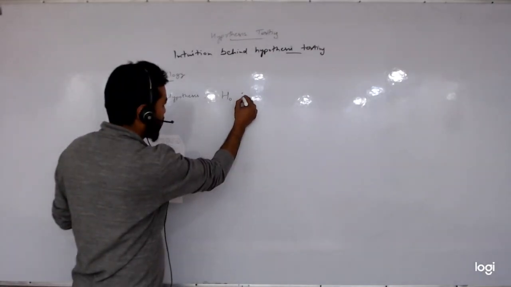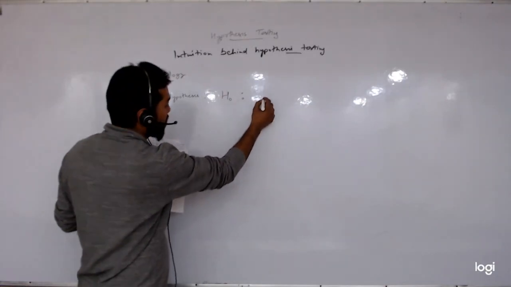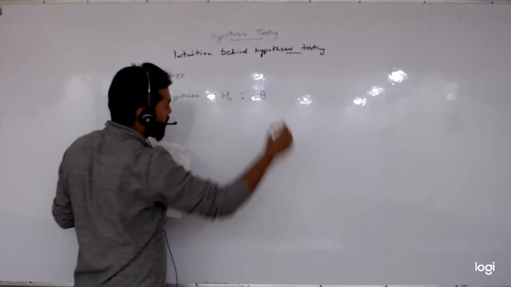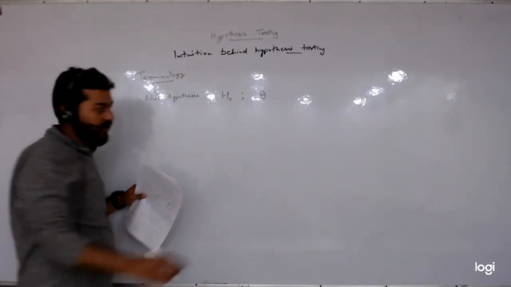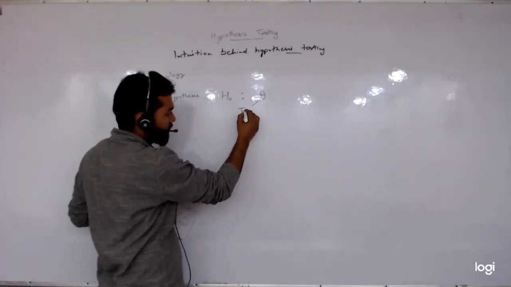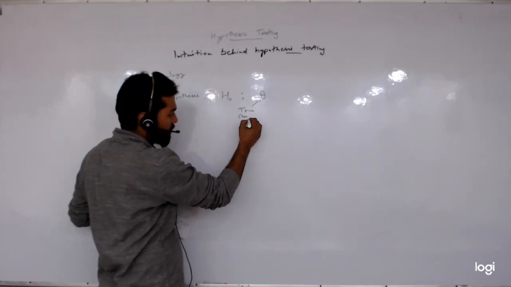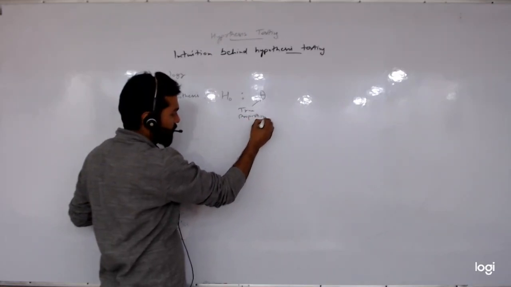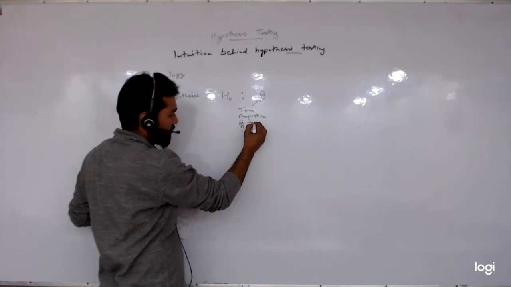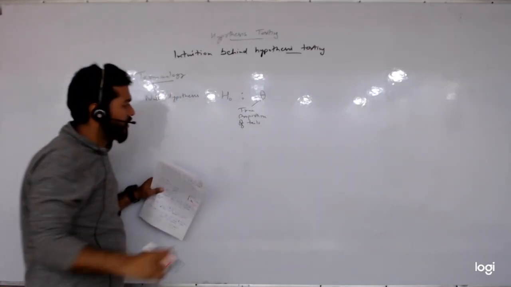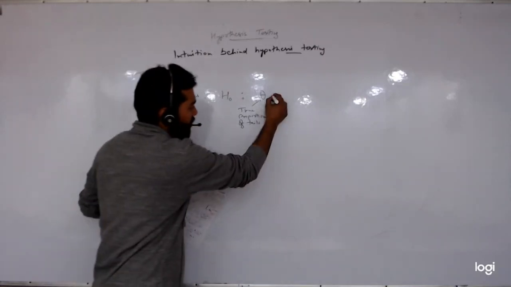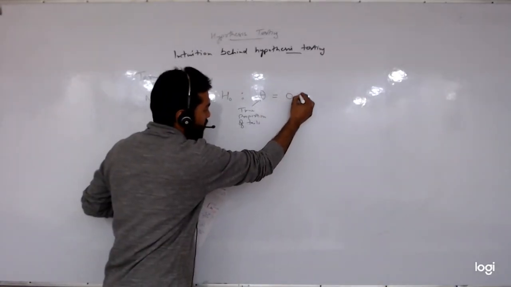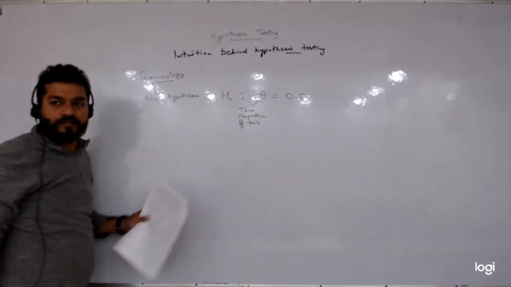In the particular example that we just took, if we denote theta as the true proportion of tails on a number of tosses of the coin, this is theta equal to 0.5.